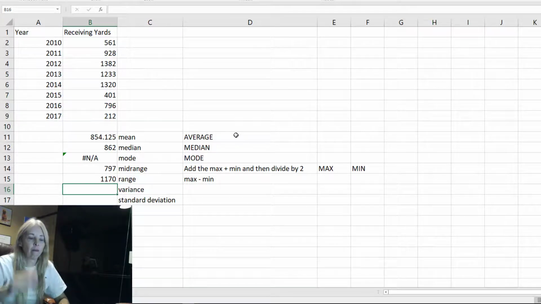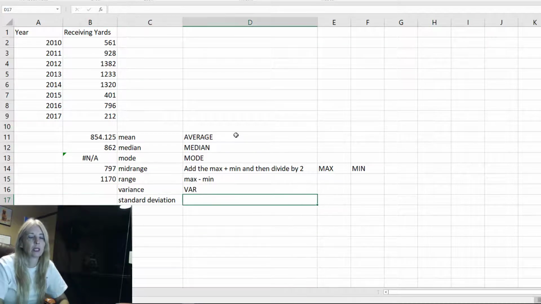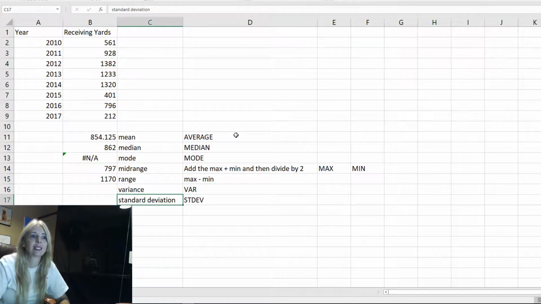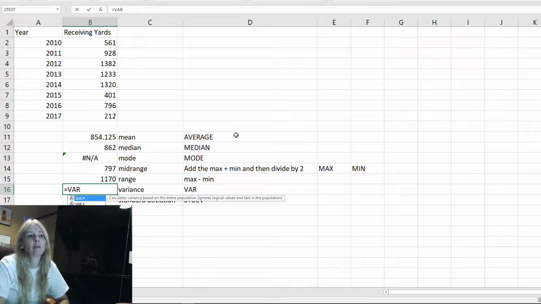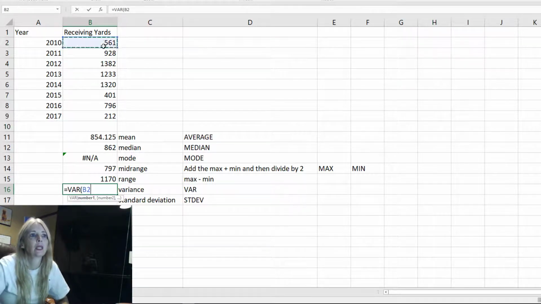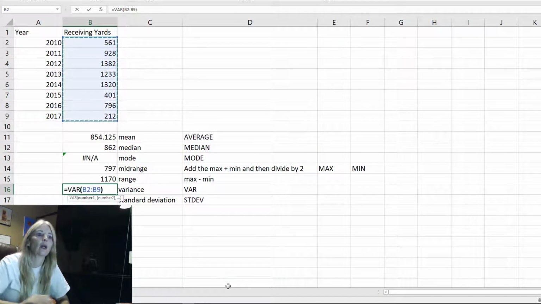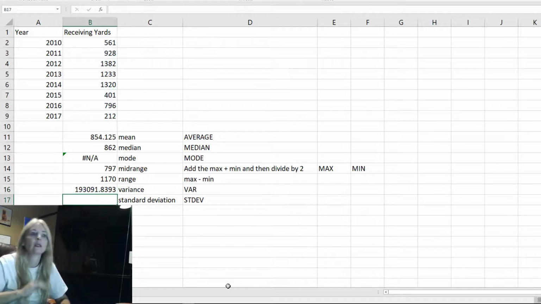Variance is VAR, and the standard deviation is STDEV. So variance equals VAR, open a parentheses, highlight my data, close the parentheses. That's a big number. Then standard deviation.